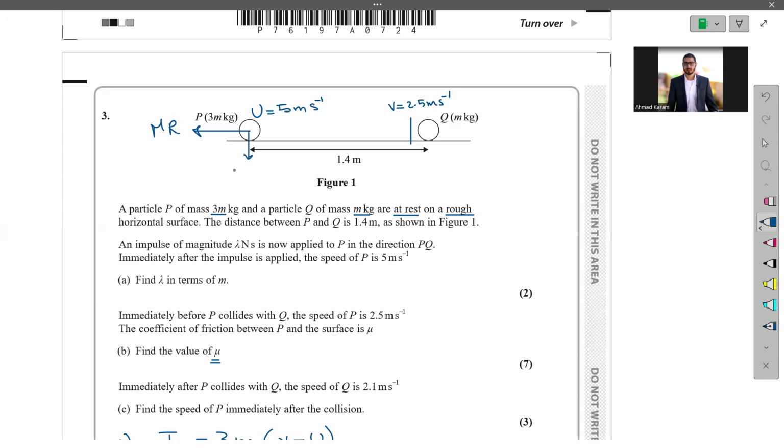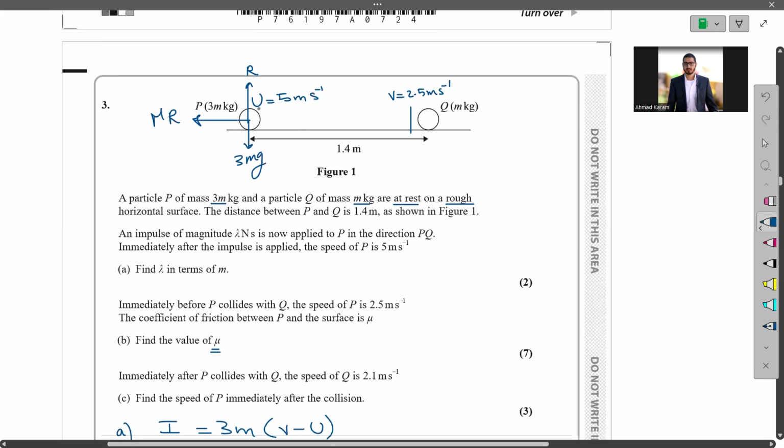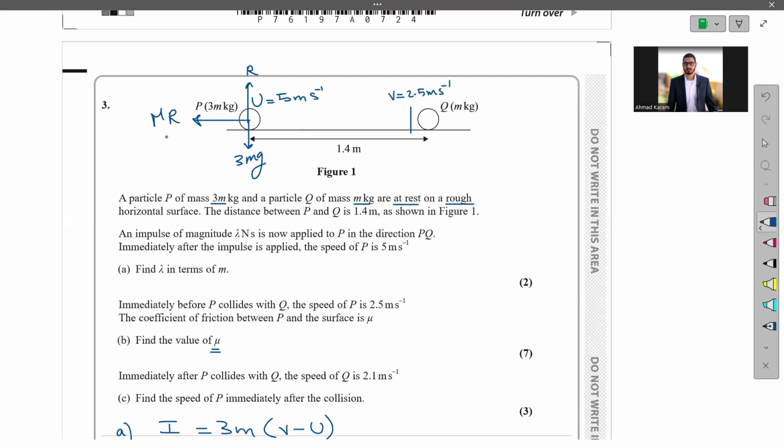Downwards is the weight 3mg, and upwards we have the reaction, and there are no forward forces. So we have u, v, and 1.4 the distance. The rule here is ma equals the opposing force, negative mu R, and the mass here is 3m.